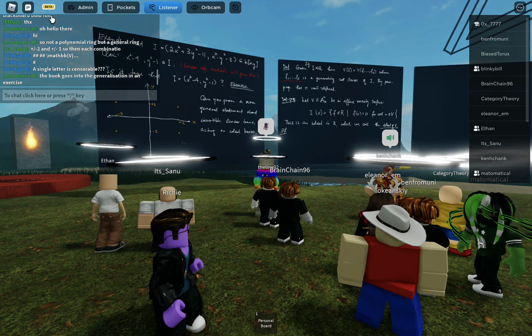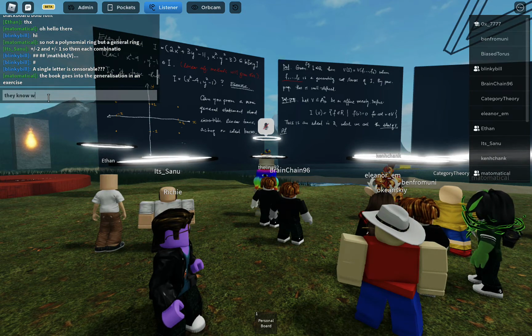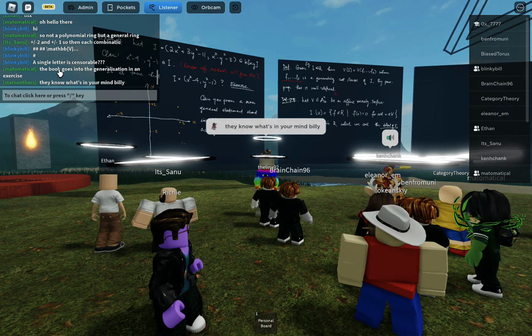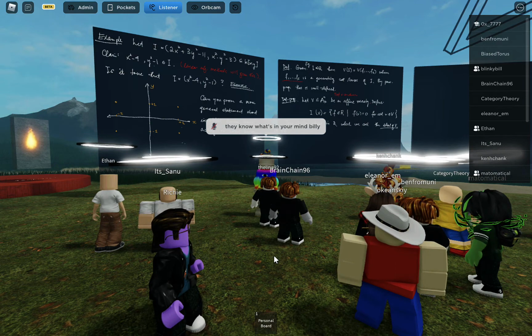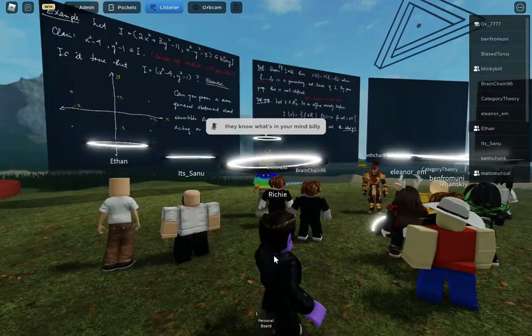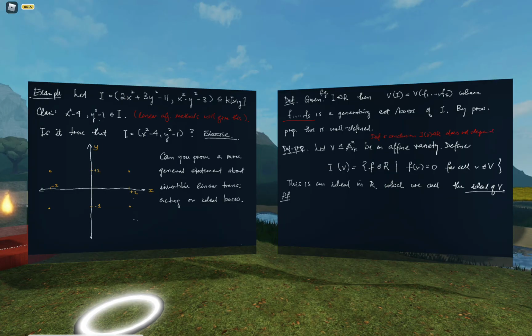So maybe I'll make a note here that the definition and conclusion, that I of V is an ideal of R, does not depend on V being a variety, i.e., it can be any subset. Hopefully that's not too small, it's still kind of readable.